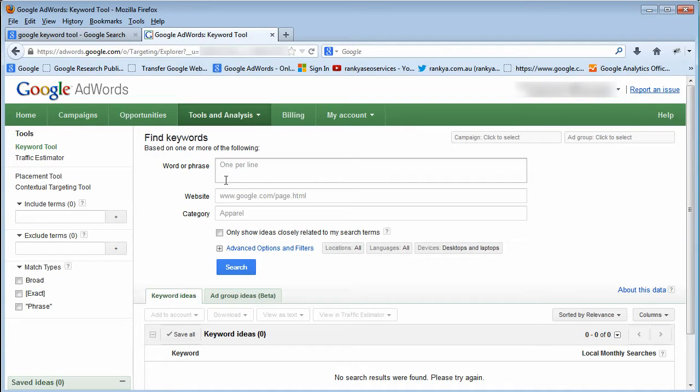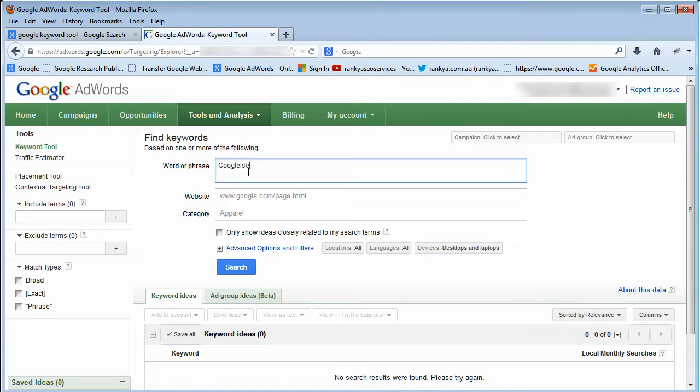Whether you're running AdWords or running search engine optimization for organic rankings, they work hand in hand. Therefore, your ability to target a keyword and rank depends on your understanding of Google. Okay? Therefore, let's get right into it and start typing in some simple keywords to see what we can gather from this tool. Okay?